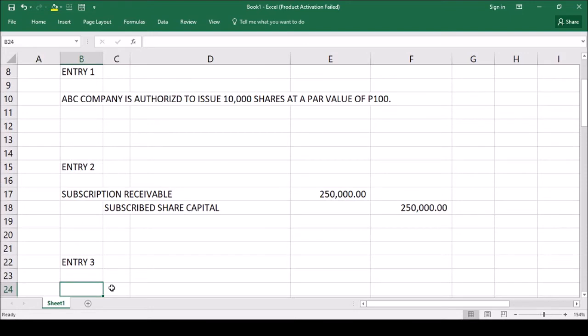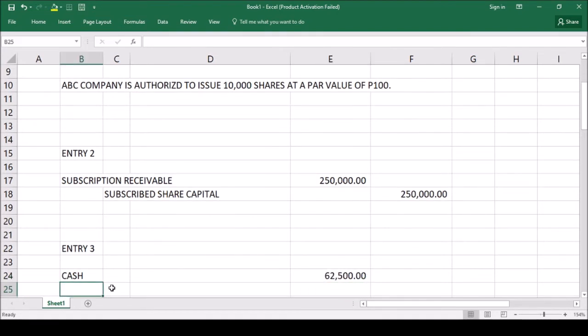So, dahil dapat bayaran, the company will receive cash from the incorporators that is equivalent to the 25% of the subscribed share capital on the date of authorization. Considering that 250,000 is the number of shares subscribed by the incorporators, dapat 25% niyan mabayaran ng mga incorporators. So, the incorporators shall pay on the date of subscription an amount of 62,500.